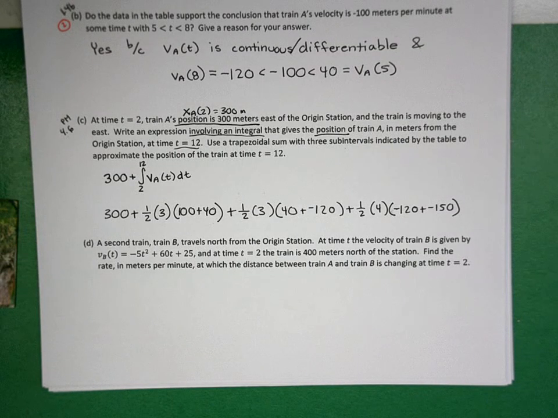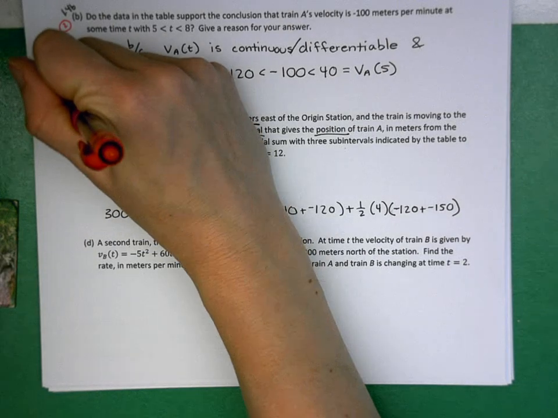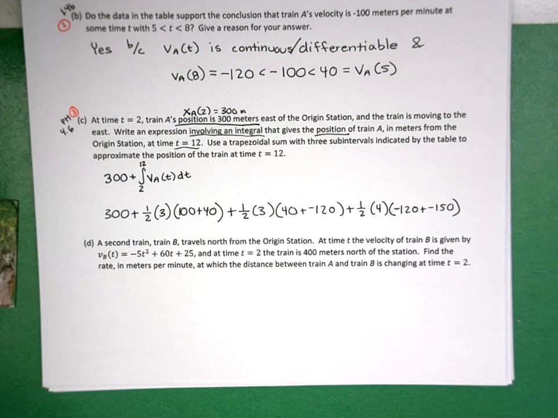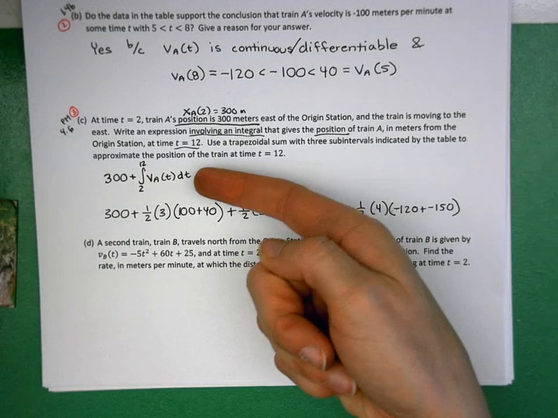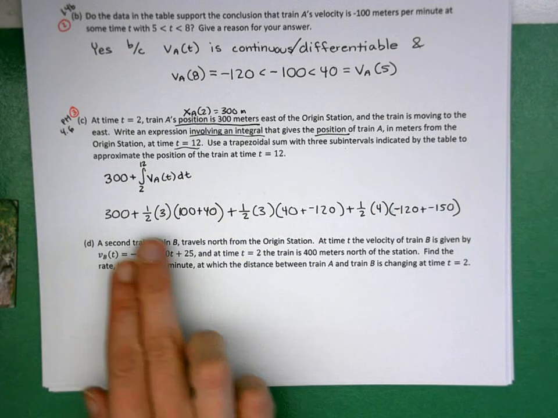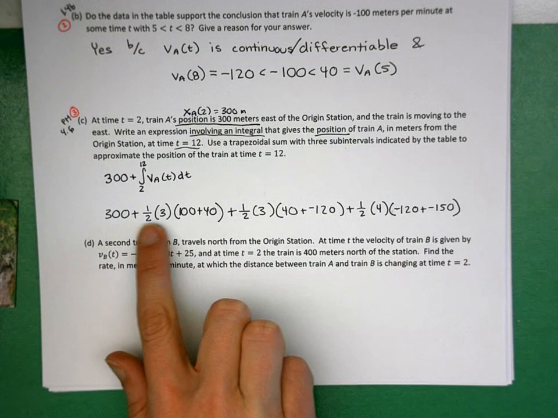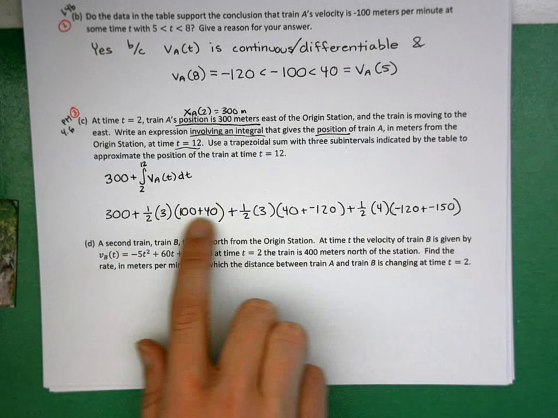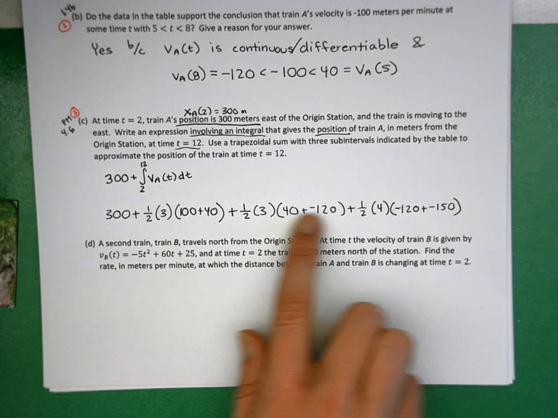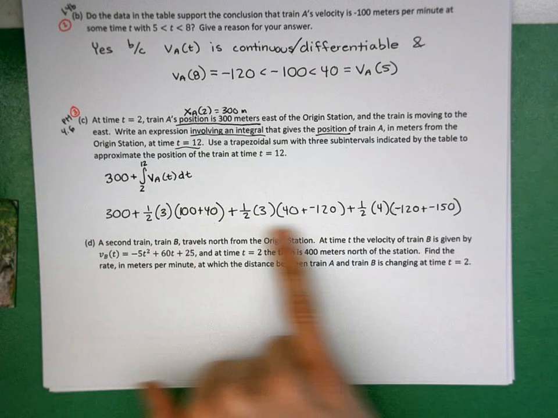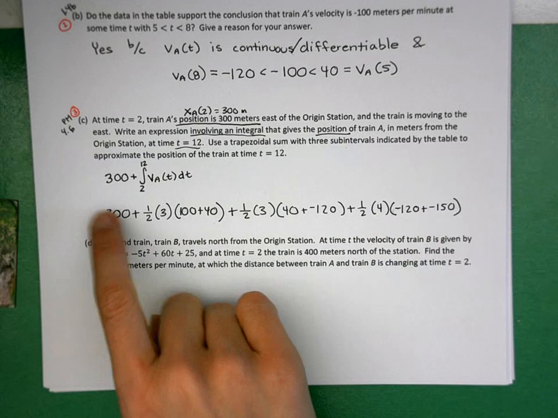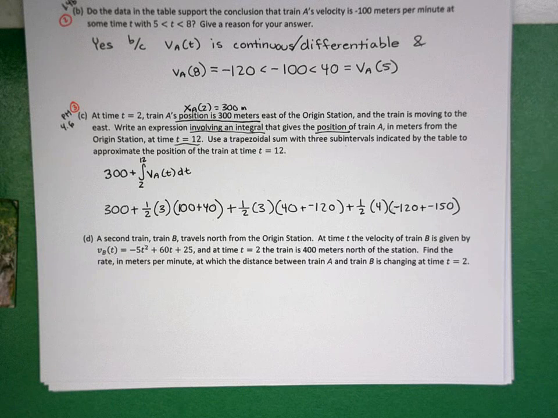This particular problem was worth 3 points. 1 point came from your position expression, 1 came from your trapezoidal sum, so just this piece right in here, my 3 subintervals trapezoidal, and 1 came from my answer. So to get my answer, I would have had to have this 300 out front for this particular one. Okay.